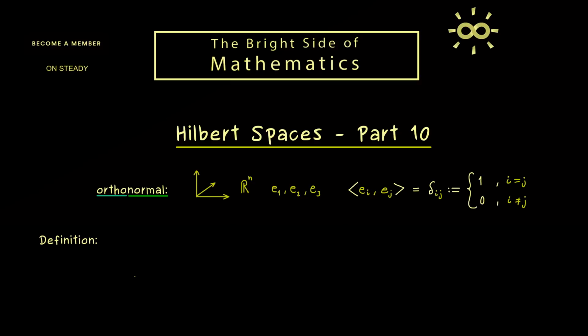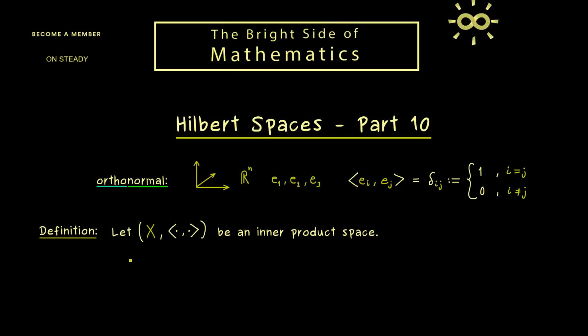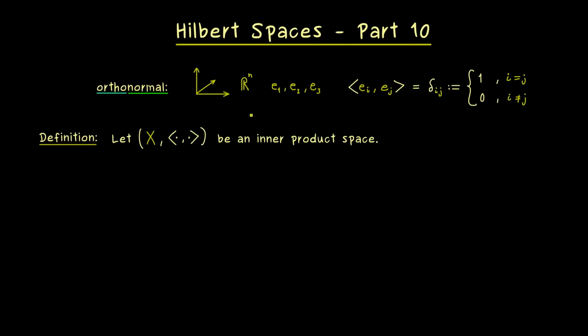And now it's not a problem at all to generalize that to infinite dimensions as well. In fact, the notion of an orthonormal system makes sense in every inner product space. So for this definition, we don't need the completeness of a Hilbert space yet. And there we can just consider a collection of vectors, so a family of vectors, which we also call e with an index. However, in order to distinguish it from the finite dimensional case from before, we call the index alpha.